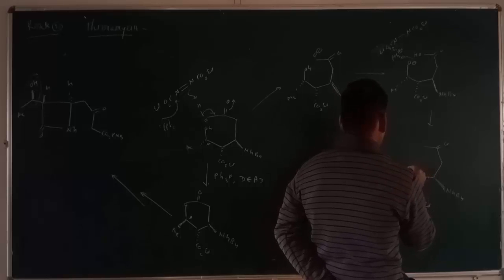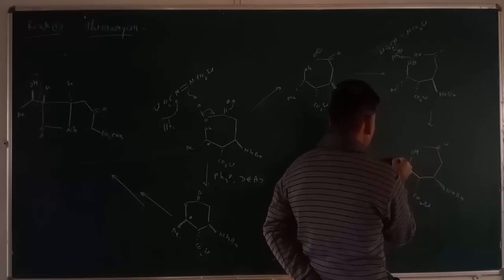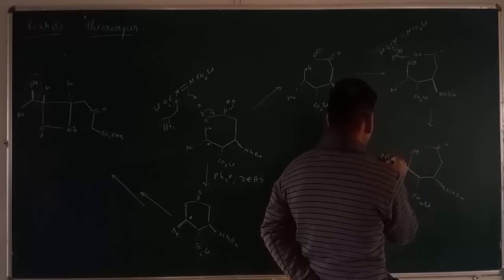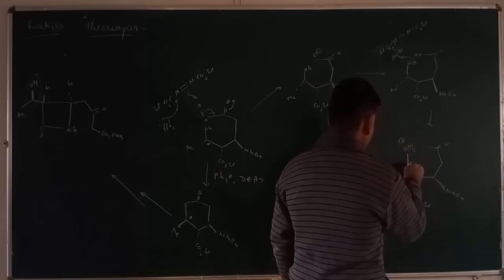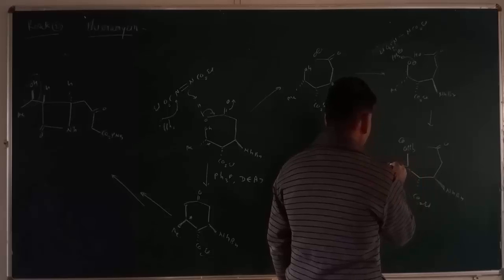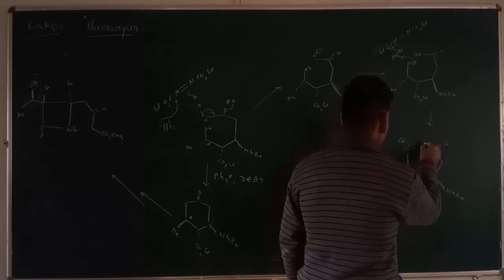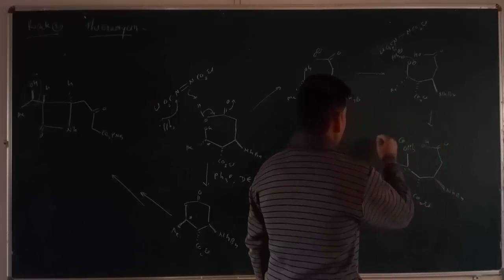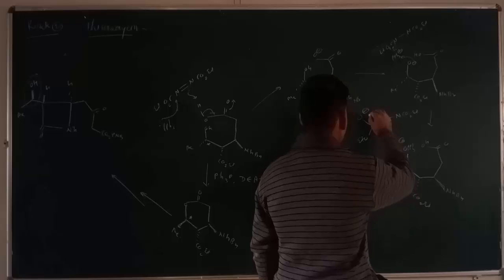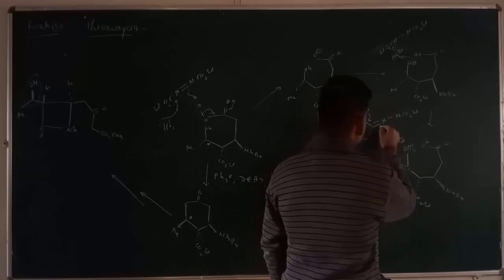Then OH, and this is a triphenyl phosphine group. Here is OPPh3 plus. This is the methyl group, and this is the hydrogen, and this is O minus. This is OH. Then in a further step, this O minus will be shifted here.